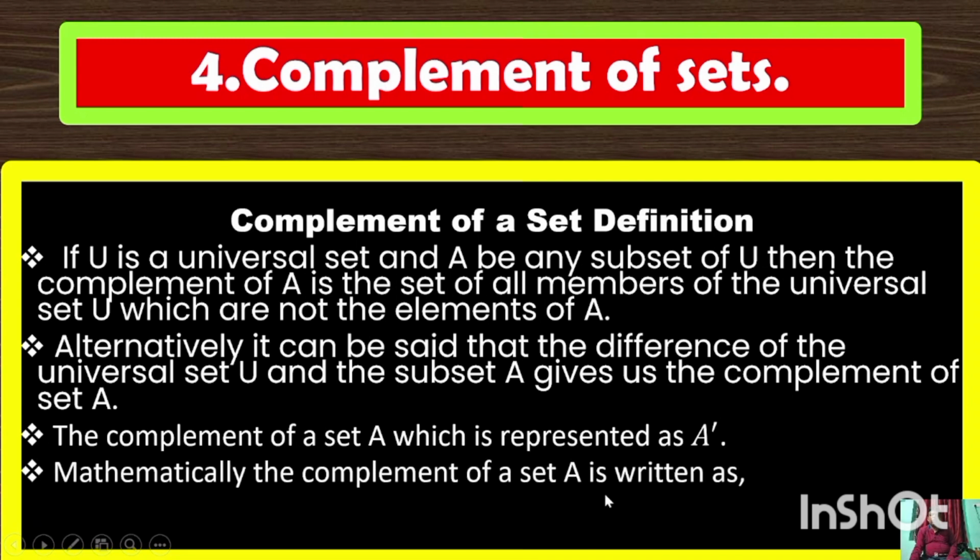Mathematically, A dash is equal to U difference A, and the complement set is the difference of the universal set and the given set. Is the definition clear?